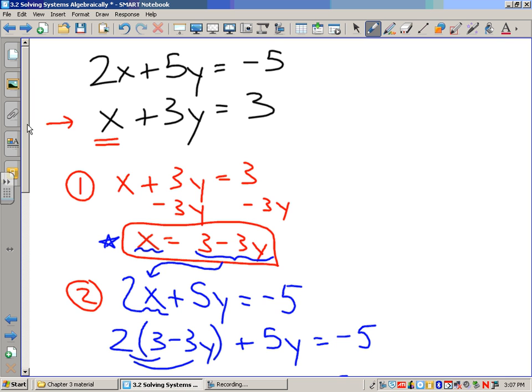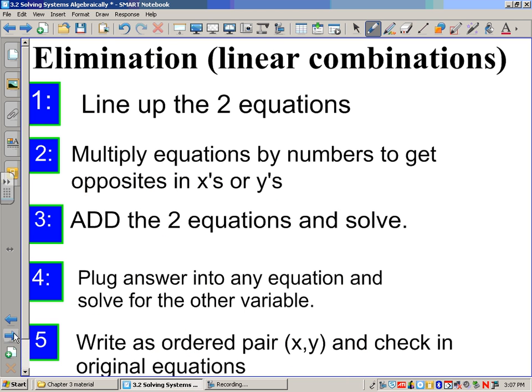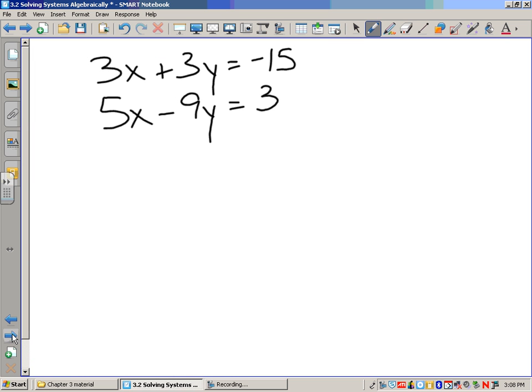Okay, so elimination or linear combinations. Step number 1 says line up the equations. Your x should be underneath your x, your y should be underneath your y's. Most times that's already done. So now it says step 2, multiply by the numbers to get opposites. So you look and you say, okay, I got 3 and 5.